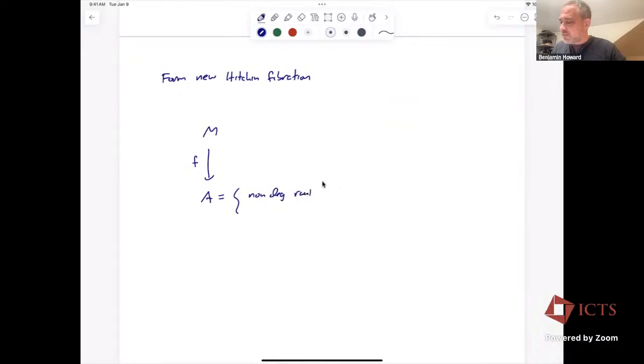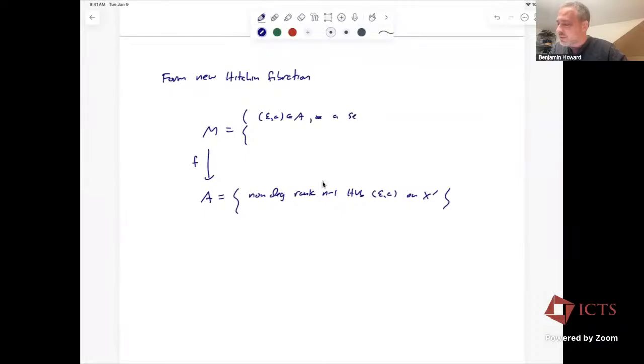Non-degenerate rank n minus 1 Hermitian vector bundles E, A. And the Hitchin space is going to consist of things on the Hitchin base, and a self-dual Hermitian vector bundle F of rank n.